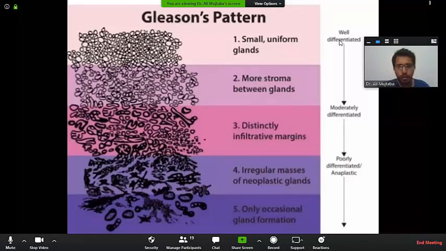In grade 1, there is a set of small and uniform glands. In grade 2, more stroma between glands. In grade 3, there is infiltration of fluid and more spaces between glands. In grade 4, irregular meshing of glands. While in grade 5, only occasional gland formation.